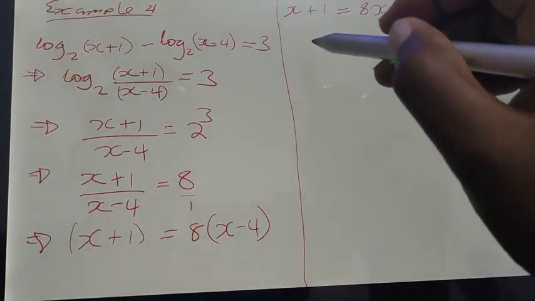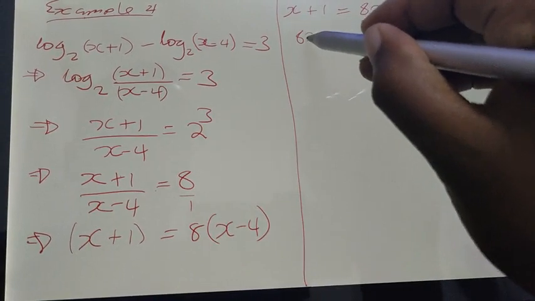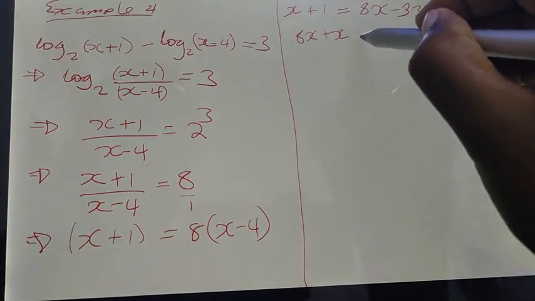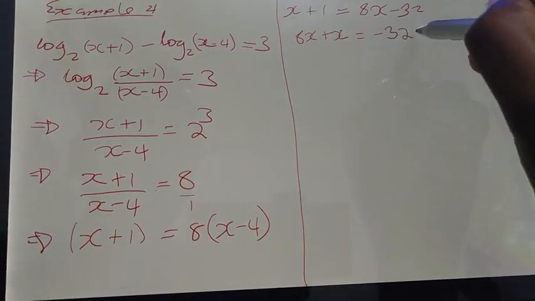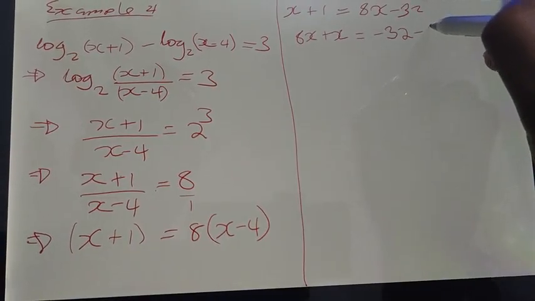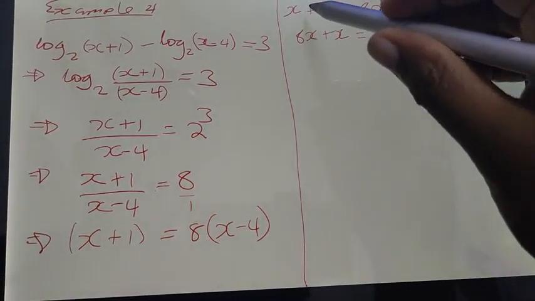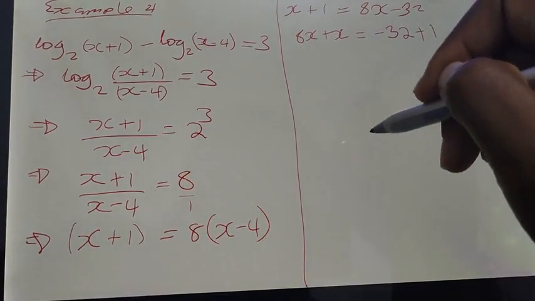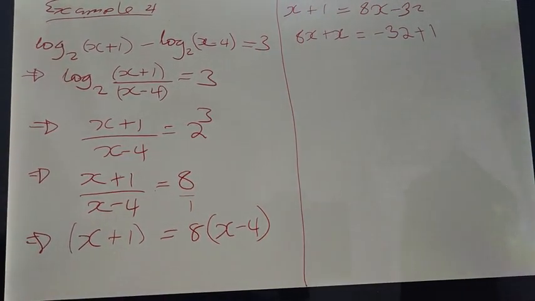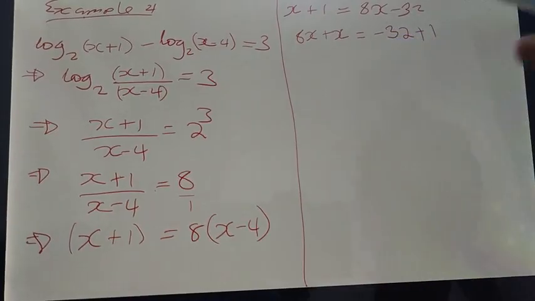Then like terms together, you have 8x plus x will be equal to minus 32 minus 1. Okay, all right, let's do it again.